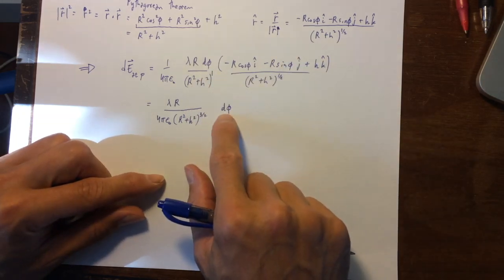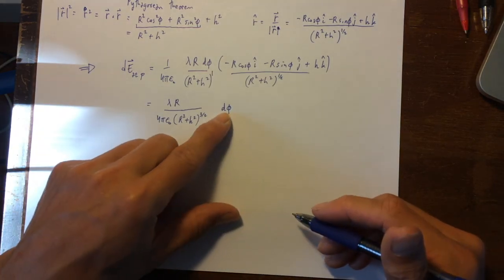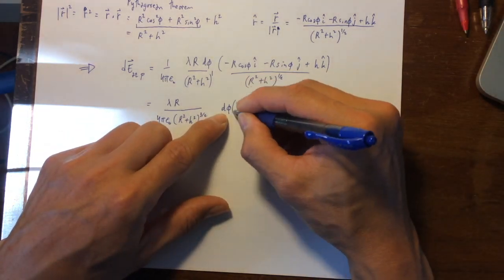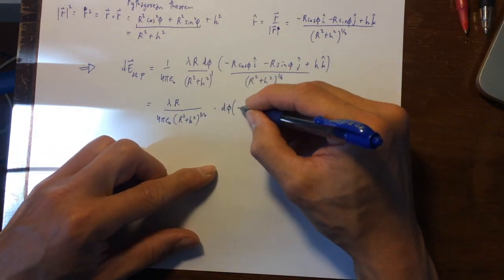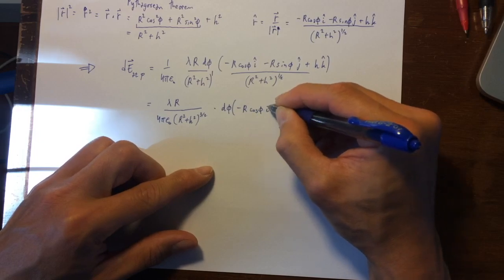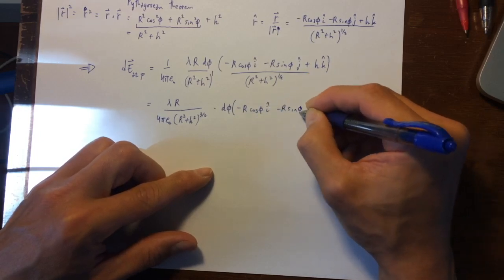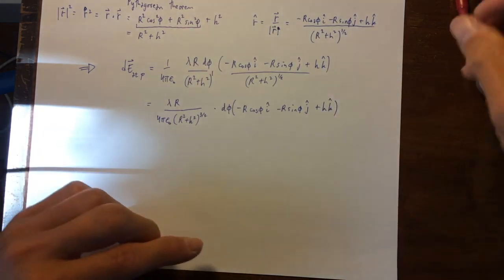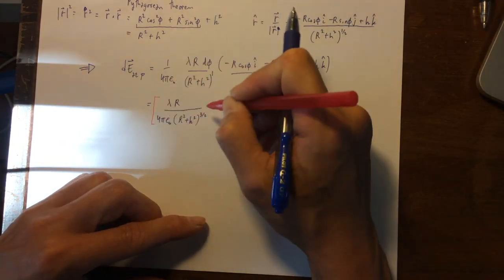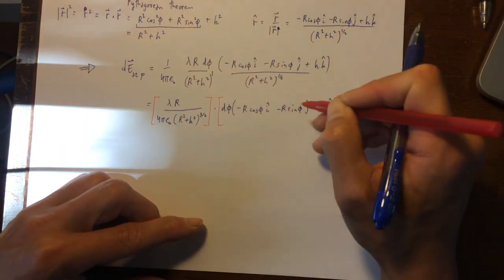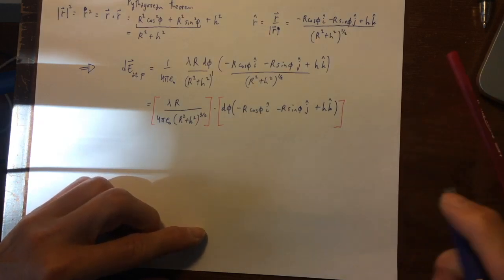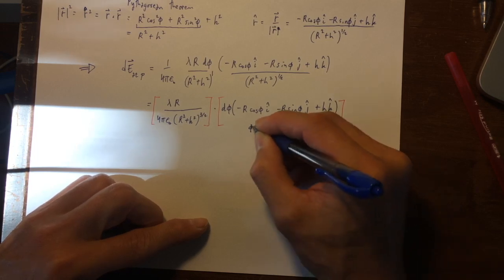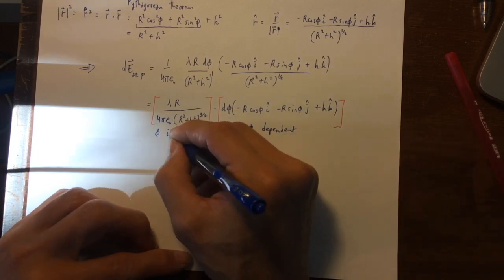It's just a small radian angle, right? An infinitesimal radian angle, but it is a factor. It's multiplying with the minus r cosine phi i hat minus r sine phi j hat plus h k hat, like this. And so you'll notice that these are the two factors, and the second factor is phi dependent, and this is phi independent.